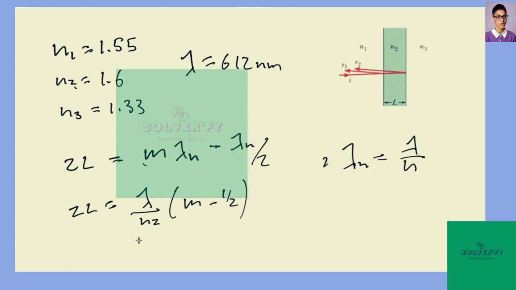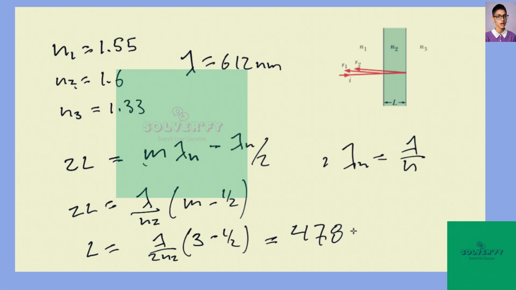And so now we just divide by 2 to find that L equals lambda over 2n2, and m we said was 3 because they want the third thickness. So this is 3 minus 1/2. And when we plug all these numbers in, we get that the thickness for maximum reflection is 478 nanometers.